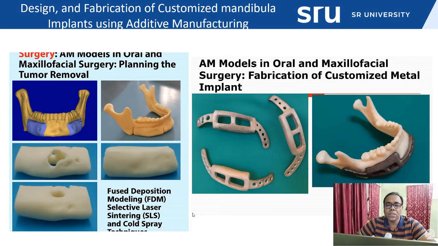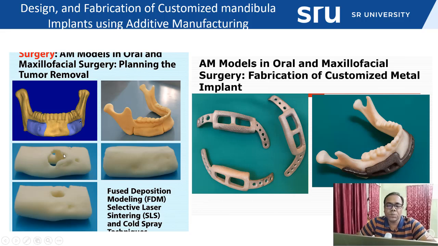These are some of the different design images of the mandible, where surgery was done and then the implantation was performed. These are some of the areas where the bone was broken, and from this area the broken bone was replaced with a newly made implant, which was implanted here after performing the surgery.